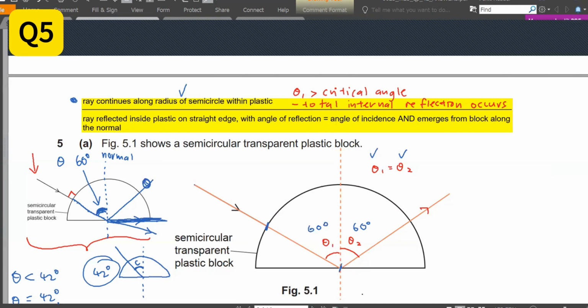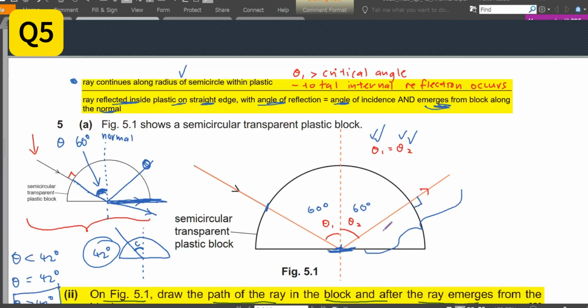The ray is reflected inside the plastic on the straight edge, with angle of reflection equal to angle of incidence, and emerges from the block along the normal. So that's the idea of how we answer this question.